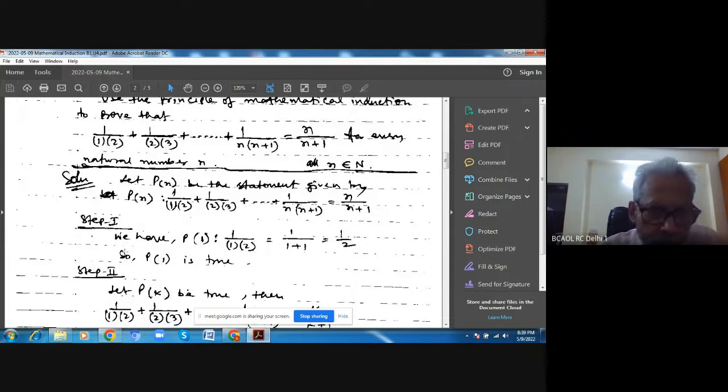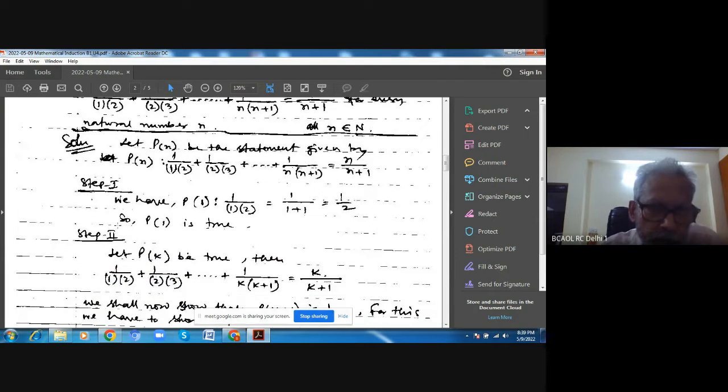Now step 1. In step 1, in place of n, you have to write 1 as usual. When it is 1, here the n portion is there, so you need not write this portion. It is not required. We are now focused on where the n is. Change it to 1. All the n should be 1.